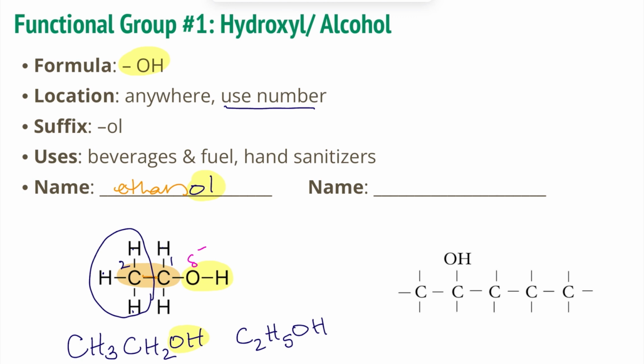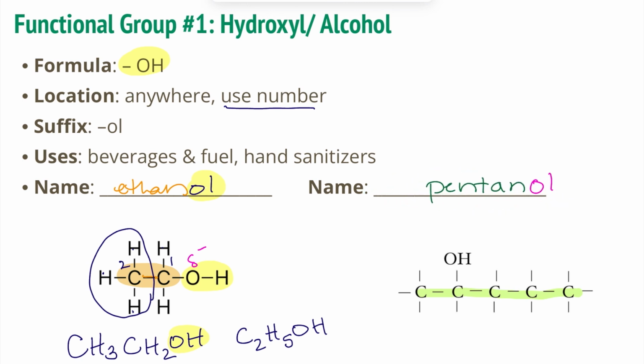All right, looking at our next one, we need to figure out how long our chain is. We have 5 carbons. The prefix for 5 is pent. They are all connected with a single bond, so that's pentane. But I see an OH group, and so I get rid of my E and I put an OL, so pentanol.